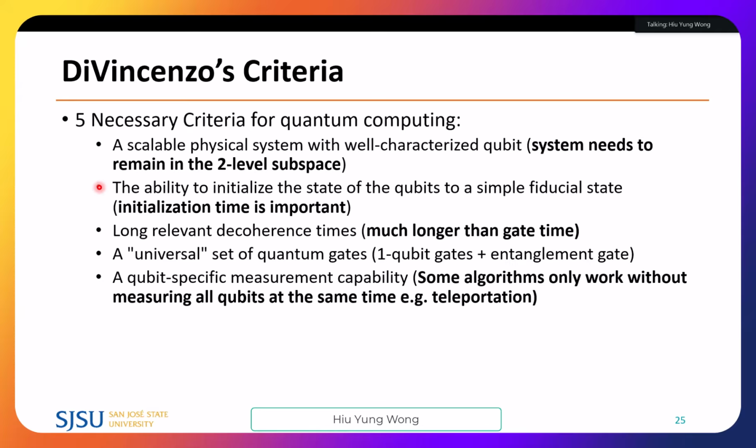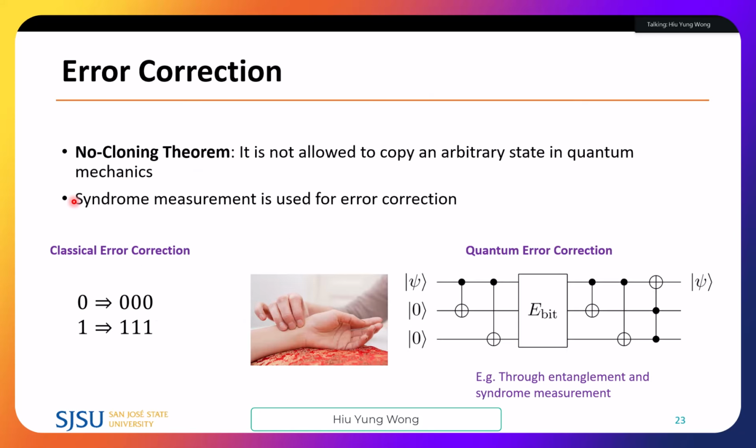Another important thing is in a classical computer, we seldom initialize something. When we do computation, we just start and go all the way to the end. But we do a lot of initialization in many quantum algorithms, because you need to do measurement and then go to the next step and do initialization, etc. And error correction also needs a lot of initialization.